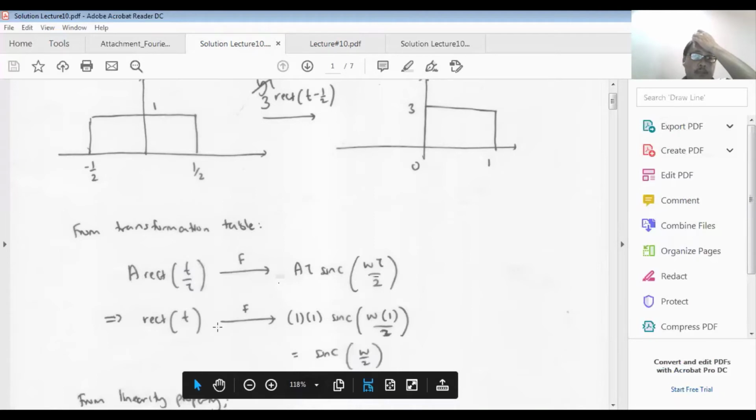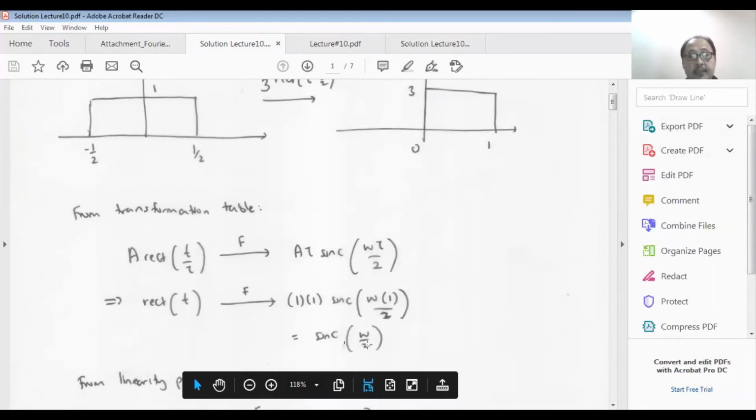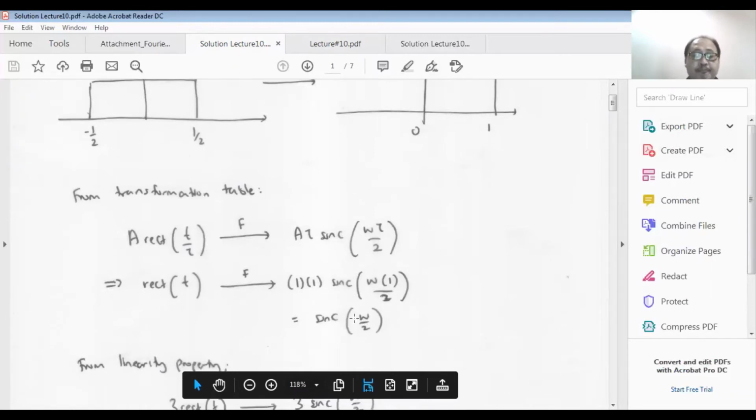Since A and tau are both equal to 1, we are supposed to get rect(t). So the Fourier transform for that will be a sinc of omega divided by 2.